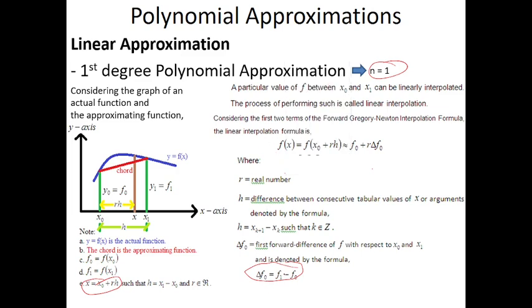So this is the first forward difference of the function with respect to x sub 0 and x sub 1. Okay, so we can proceed.